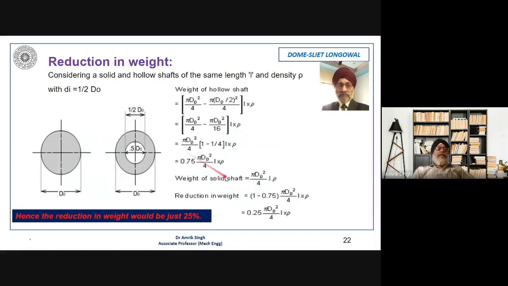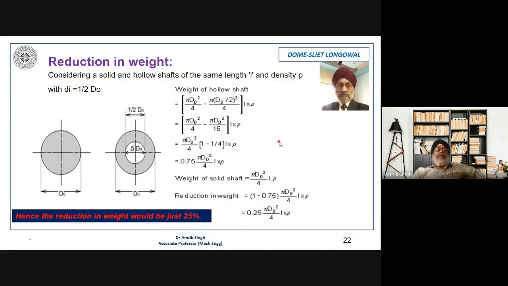Now, this is how you can calculate the reduction in weight. Let us consider the solid and hollow shaft with the same length and density, made up of the same material, so DI is equal to DO by 2. The weight of the shaft will be in the proportion of the area because the length is the same.